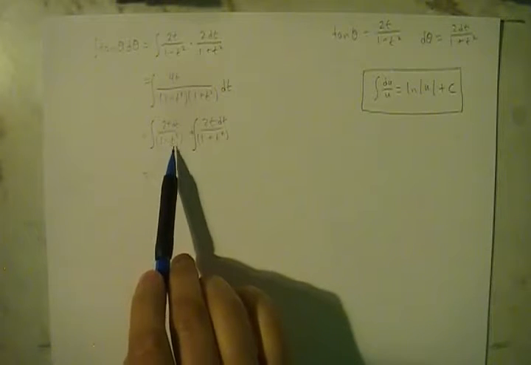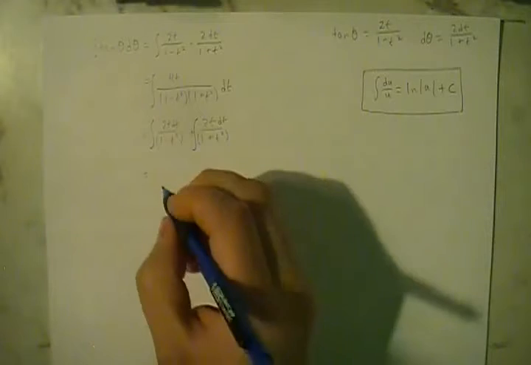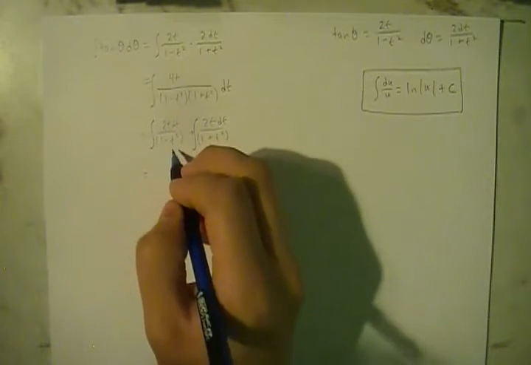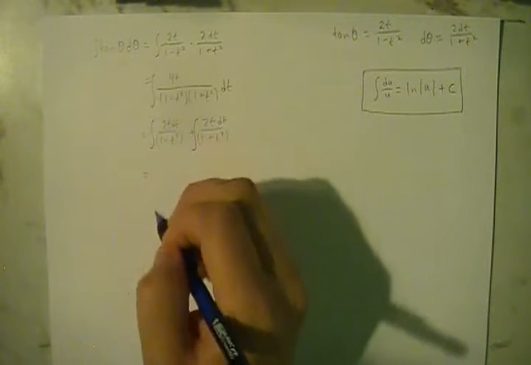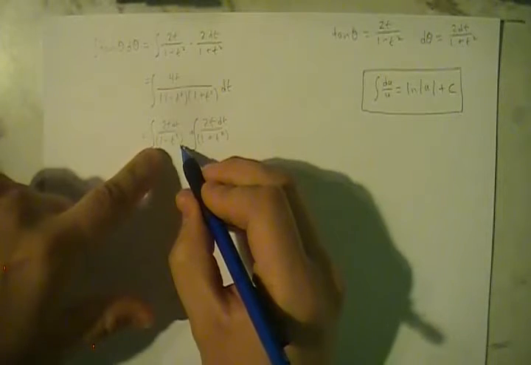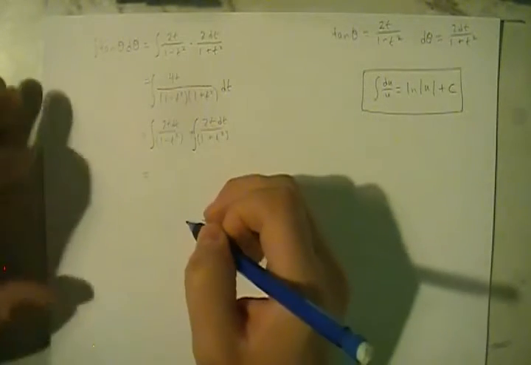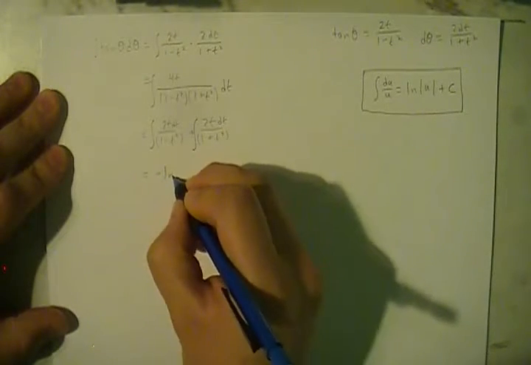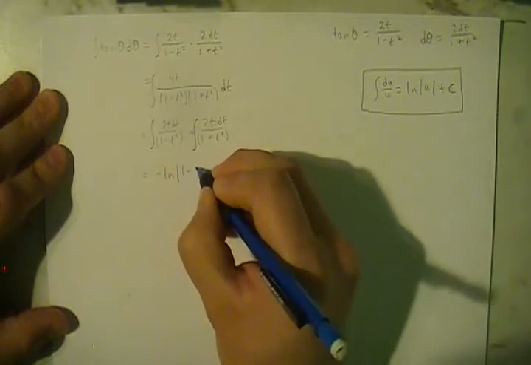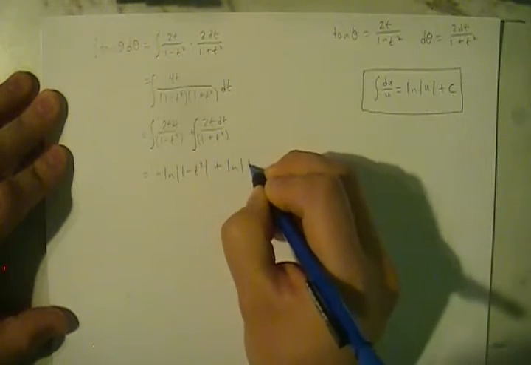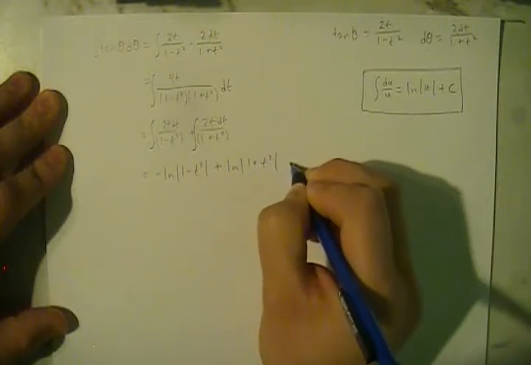Now if 1 minus t squared is u, then I can have a negative here and a negative on the inside of the integral, and see that that will be du of the bottom term. If I were to differentiate it, I would get the du term on top. So I'll just go ahead and skip over that a little bit and just write it out. 1 minus t squared plus the natural log of 1 plus t squared plus constant.